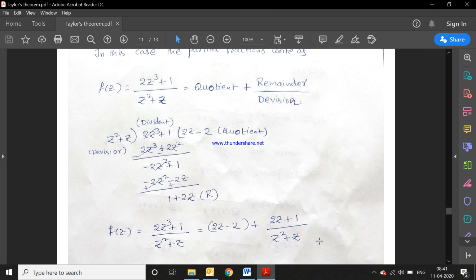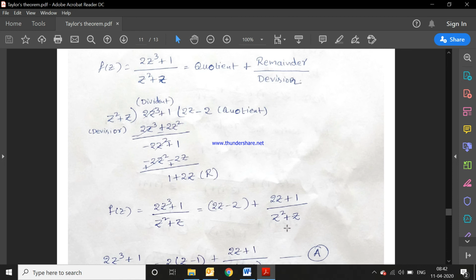So in the phi of z by psi of z form, the denominator power is greater than the numerator power. So that's why general partial fractions we have to apply. That's why I stop here with 1 plus 2z, and write quotient plus remainder by divisor: 2z minus 2 plus (2z plus 1) by (z square plus z).